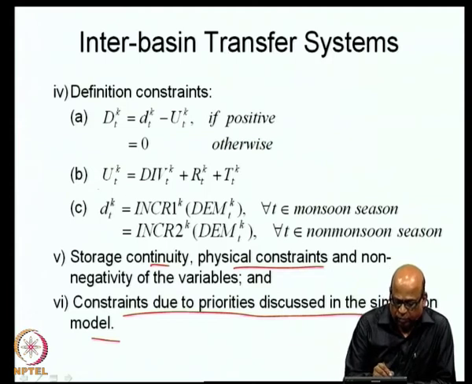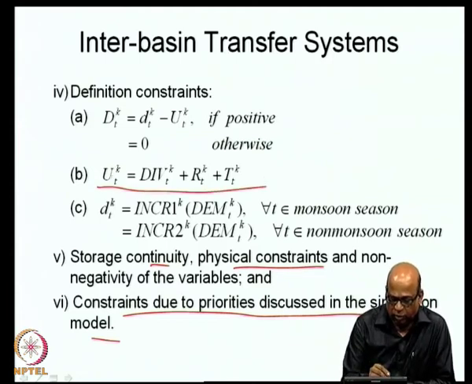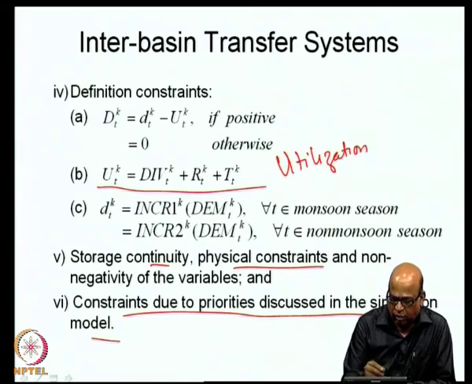Then we have the definition constraint. For example, you look at UTK, this is the utilization. The utilization at reservoir K in time period T is first its own demand, diversion is for its own demand, then release for meeting the downstream demand, that is demand at the downstream reservoir, then this is the transfer.